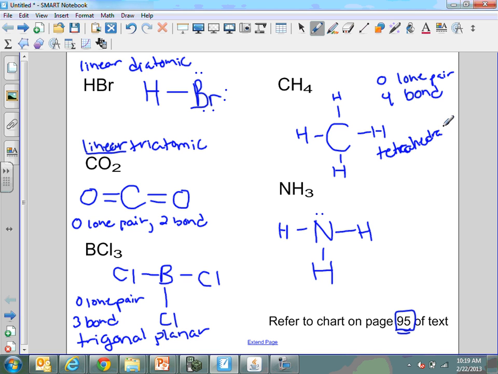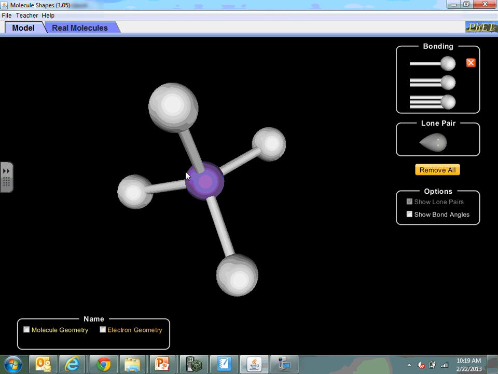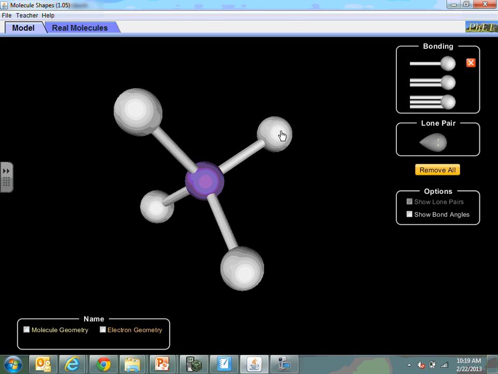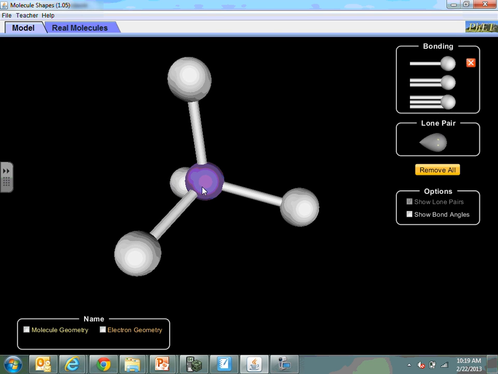And what that's going to look like is, if this is our carbon, this time we've got 4. The bottom is kind of like a pyramid shape, and then we've got this top atom up here. 3 of these are going to lie in the same plane. So this one, this one, and this one are all lying in the same plane.